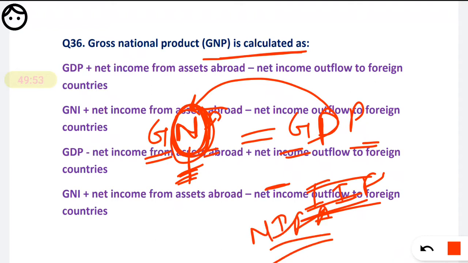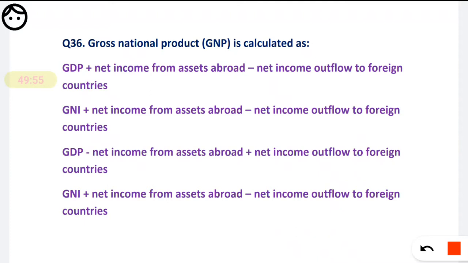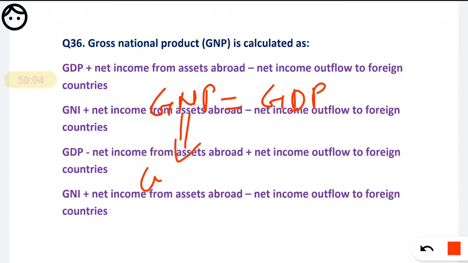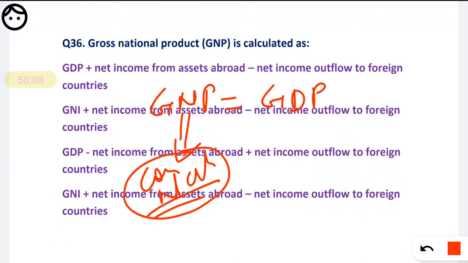Here, GNP we have to calculate from the GDP. We are taking into count only the nationality. But in GDP we take all, Indian, American, but they should produce within that country, right? Nationality is not important. So here we are considering only nationality.